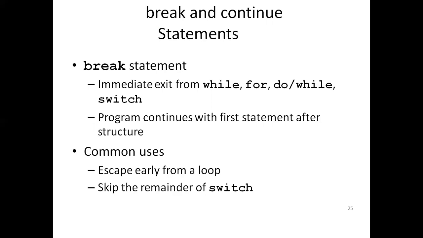The break is used in all of the control statements, while, for, do while, and switch. Continue is also sometimes used in an infinite loop in order to control the terminating condition.